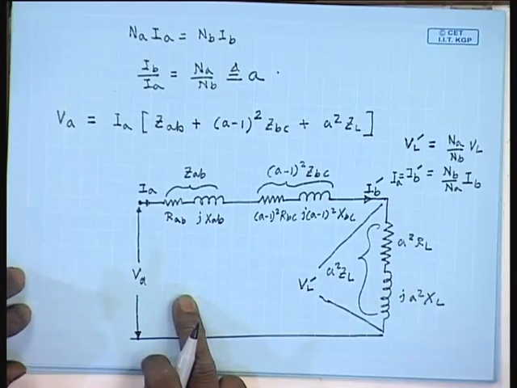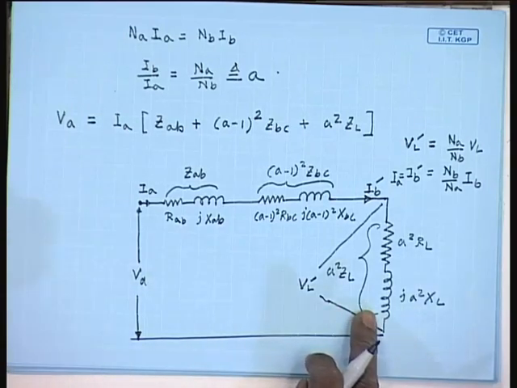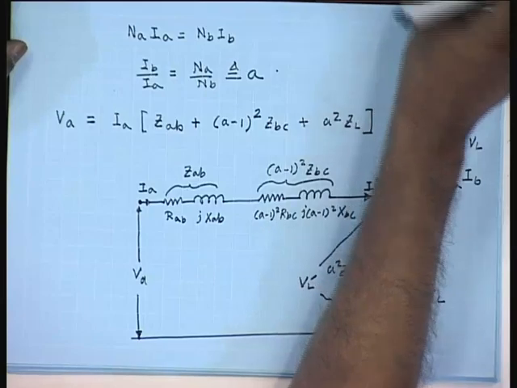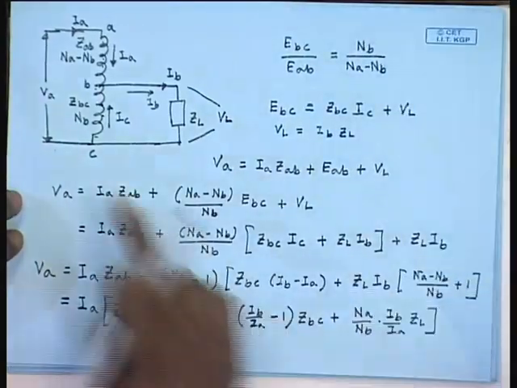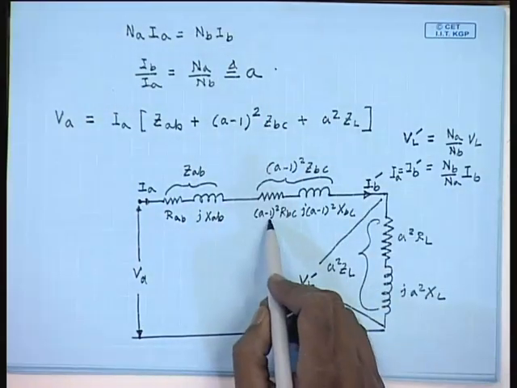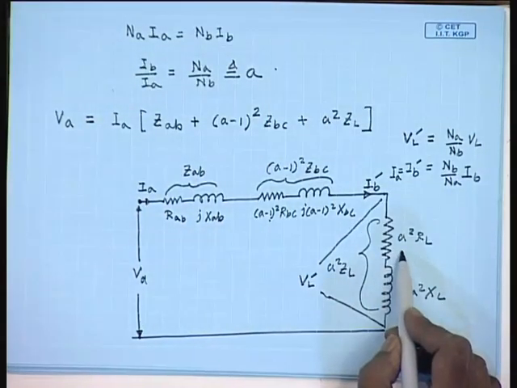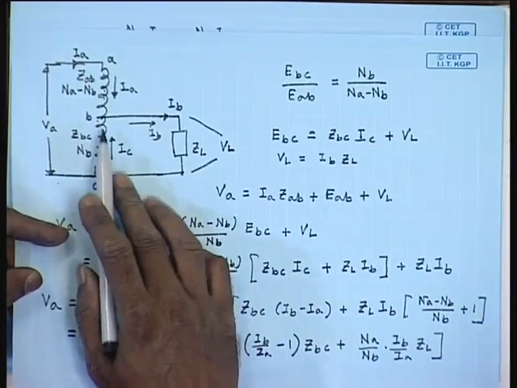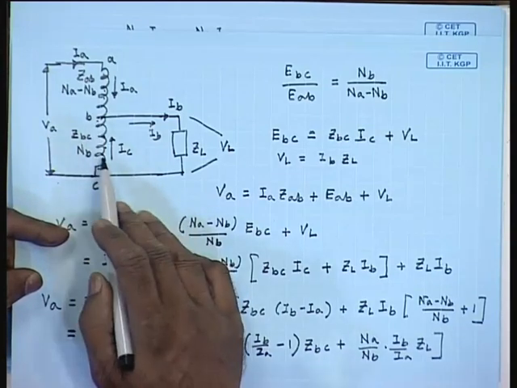So, this equivalent circuit is similar to the approximate equivalent circuit of a two winding transformer, except that for the lower part of the auto transformer we will have to use the turns ratio as A minus 1 rather than A. For a two winding transformer with the same number of turns, it would have been A square into the leakage impedance of this part.